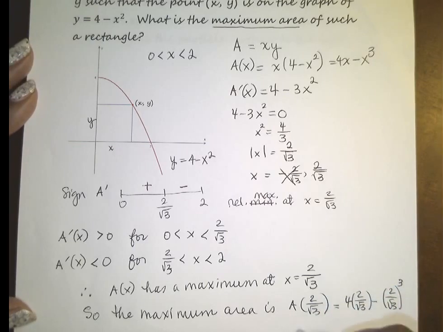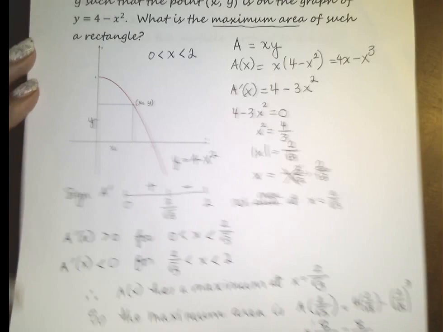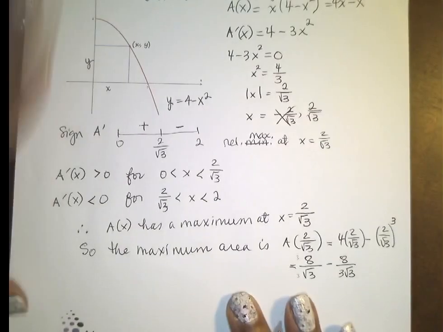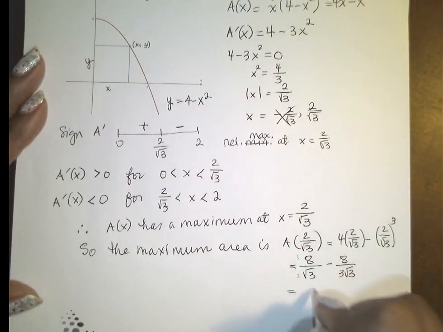I'm not going to simplify a whole lot, but a little: 8 over the square root of 3 minus 8 over 3 square root of 3. Let's multiply this by 3: 24 minus 8. This is 16 over 3 square roots of 3.